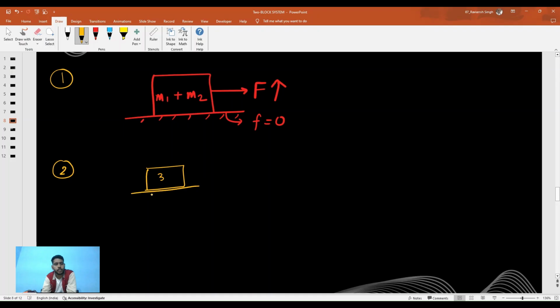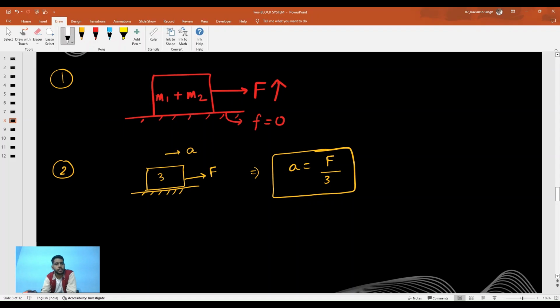3 kg block, acceleration is A, force given F, that implies A is equal to F by 3. Okay, first result.